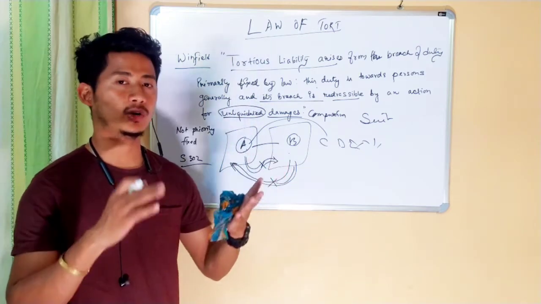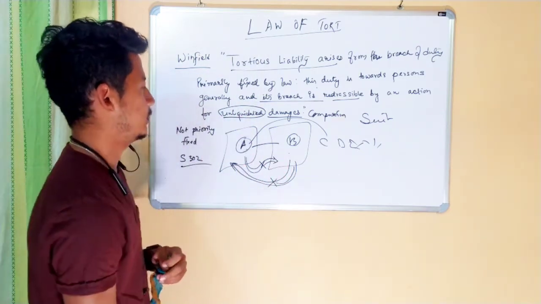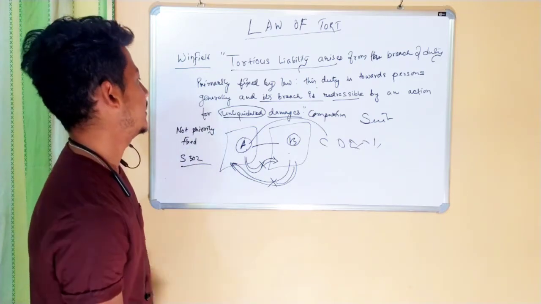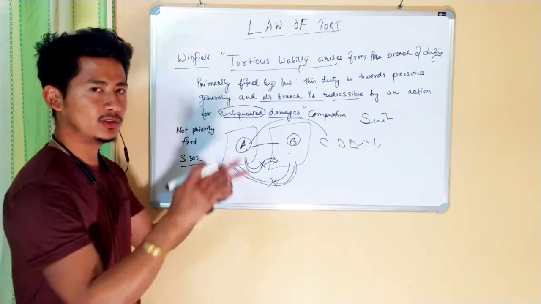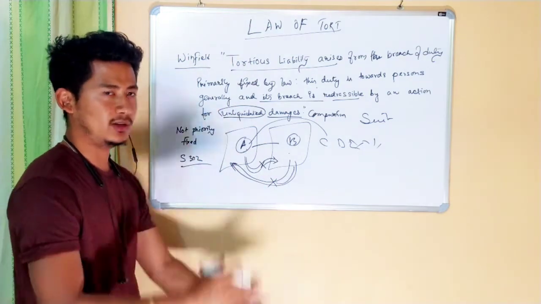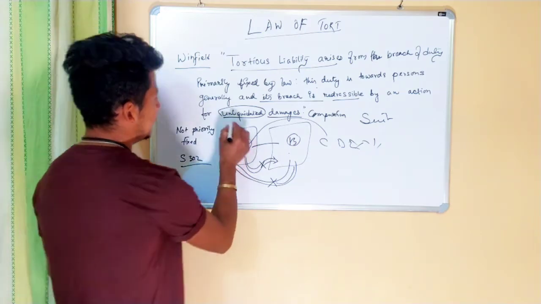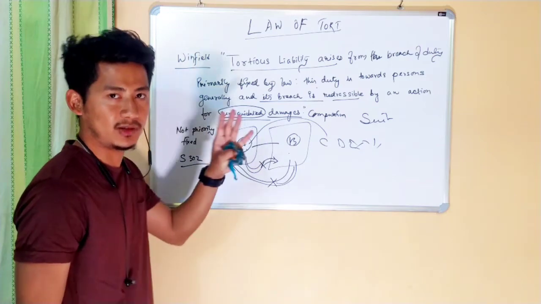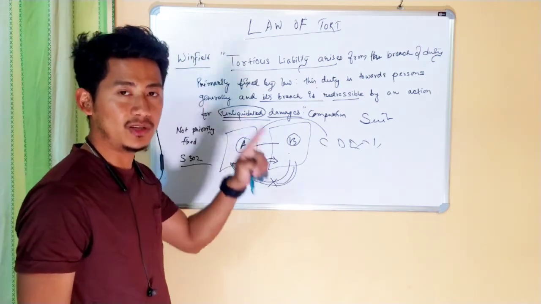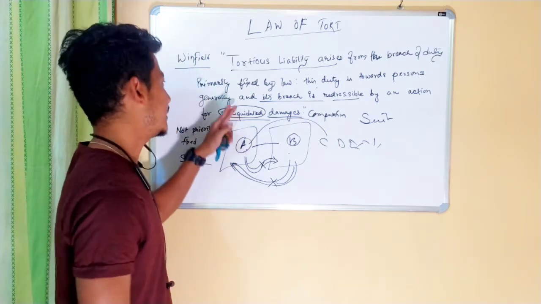The quantum of punishment is already written. But in the law of tort, if a person commits a tort, there is no priorly fixed compensation, no fixed amount or remedy. That is why it is called unliquidated damages. When a person breaches a duty primarily fixed by law, such breach can be redressable by an action for unliquidated damages. That's what it means.